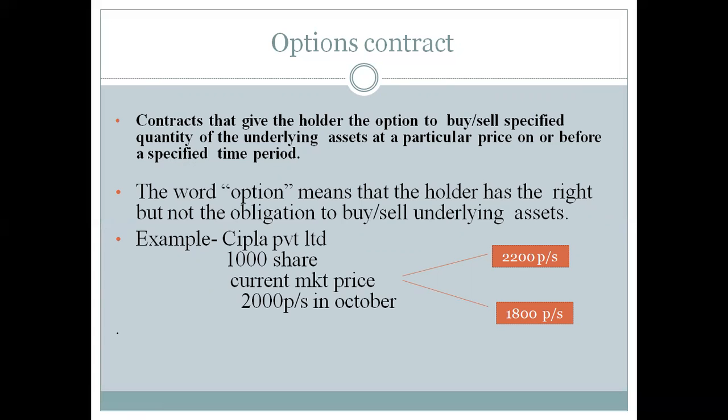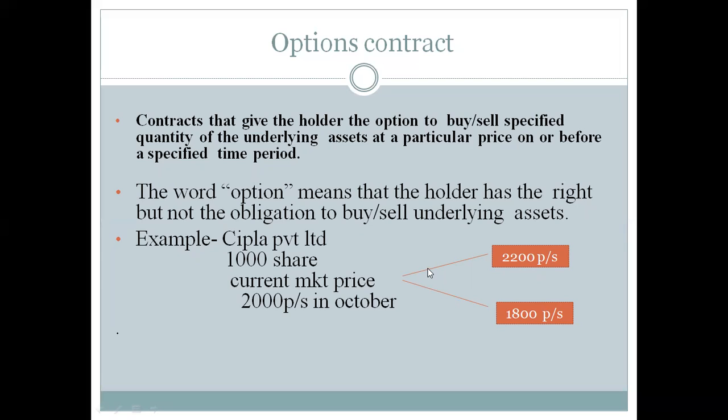We are expecting the price to go up to 2200 per share. So we have entered into an option contract by paying 2% as premium amount, a token amount, to book the contract. Now the price goes up to 2200 in the month of October.